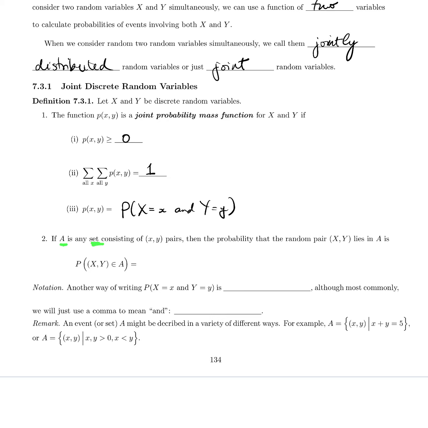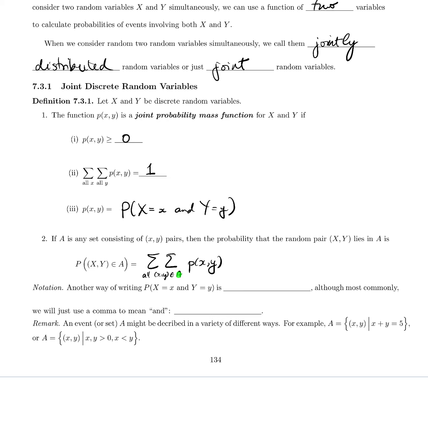Secondly, if A is any set containing (x,y) pairs, then the probability that the random pair (X,Y) lies in A, which means that the pair takes on values of little x, little y that lie within A, is calculated by summing up over all the (x,y) in A, a double sum, because we have x and y values. So you take all of the x and y values in this set A and you sum up their probability values, and that's the probability.